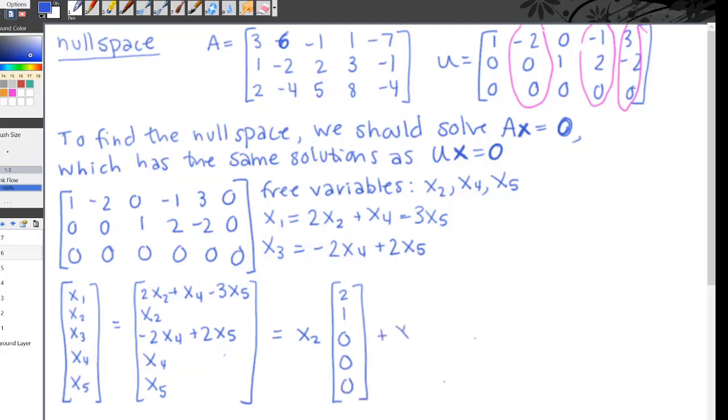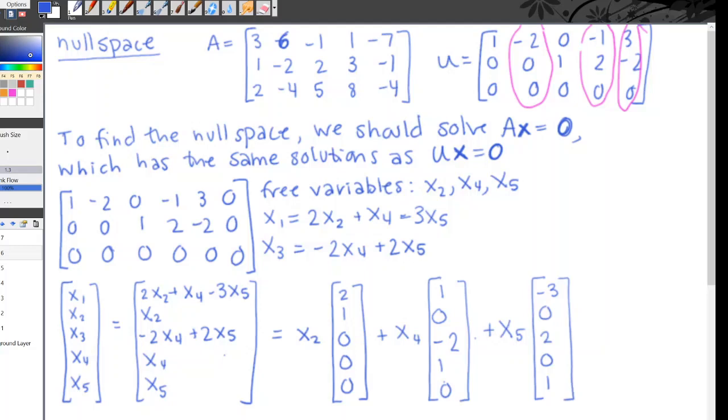And then we have x4, and that's going to give us 1, and then 0, and then negative 2, and then 1 and 0. And then our last one will be x5, and that will give us a negative 3 in the first component, 0, 2, 0, 1.